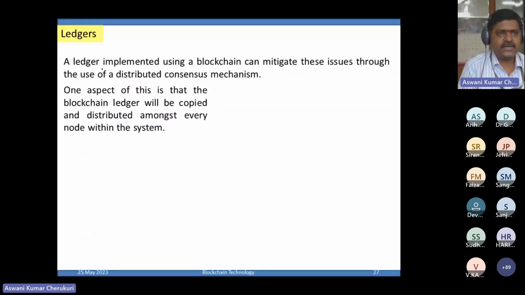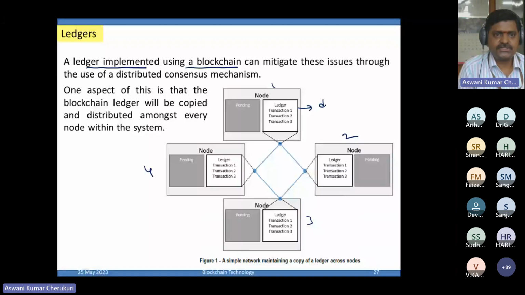A distributed ledger is implemented with the help of nodes. So this is the distributed ledger.